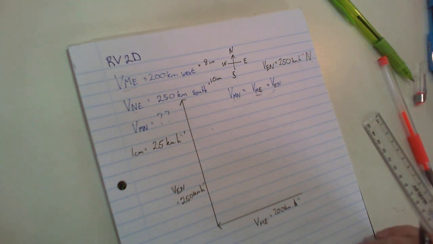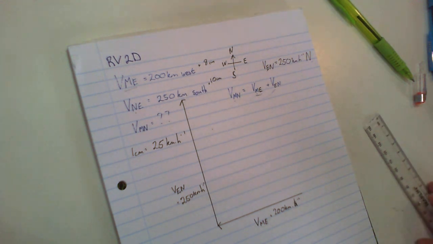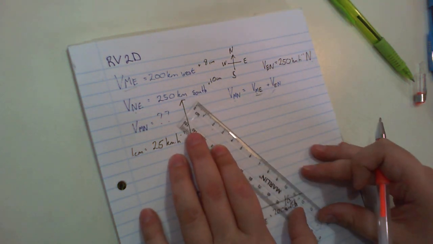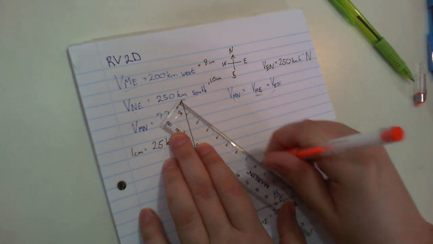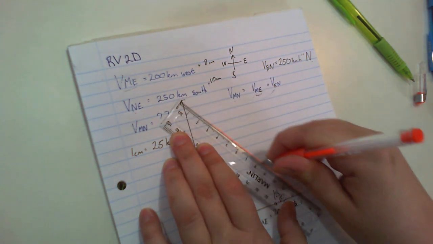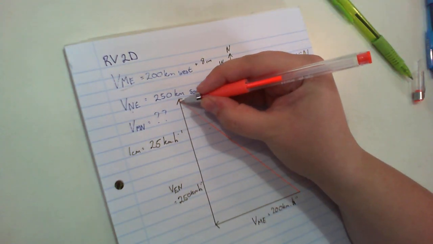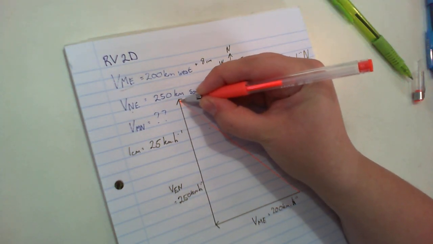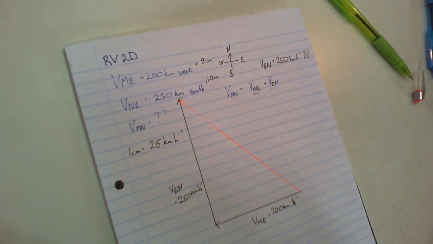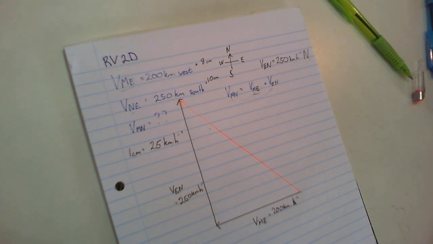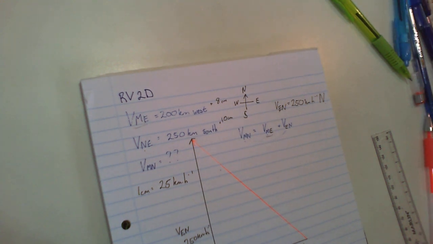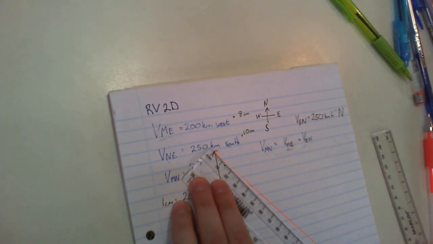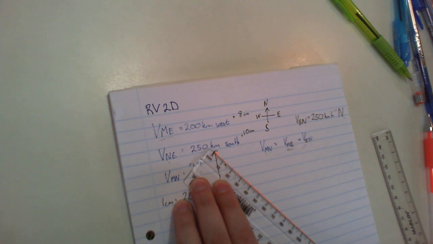Always got to label, otherwise we don't know, you're just drawing a random triangle. Okay, then we join our triangle nicely with your nice sharp pencil. Okay, and super simple. You can actually use this method to solve any vector diagram. You just have to be accurate. That's the only difference, accuracy is important.